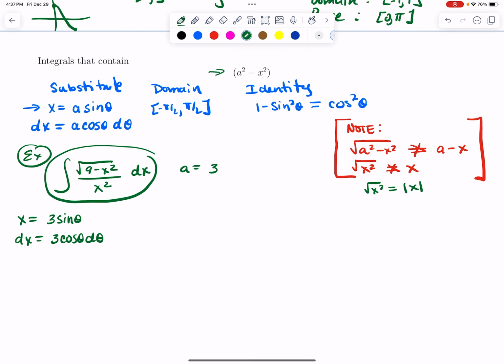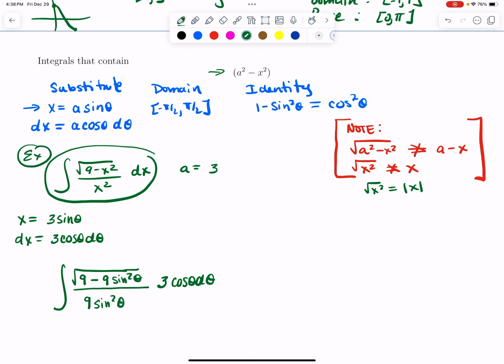Then this integral becomes the square root of 9 minus 9 sine squared theta, all over, oops, sorry, that's not true. It's 9 sine squared theta, because that's still just x squared on the bottom. And then our dx is 3 cosine theta d theta. We've done all the substituting, and hopefully when we simplify, it's going to be much nicer.